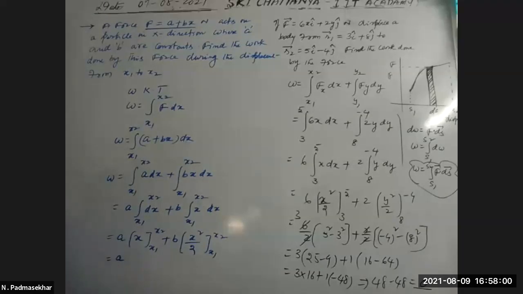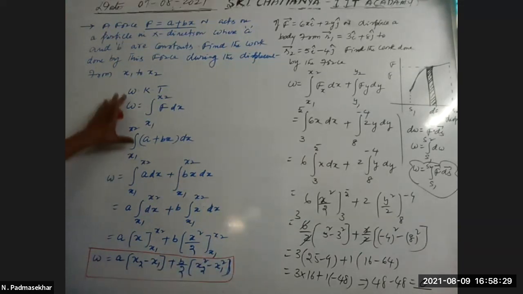So this is equal to A, first upper limit x2 minus lower limit x1, plus B by 2, first upper limit x2 square minus lower limit x1 square. So this is the work done. Work done is equal to A into x2 minus x1 plus B by 2 into x2 square minus x1 square.